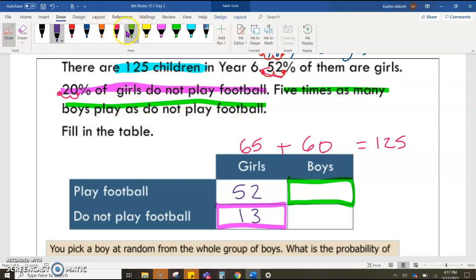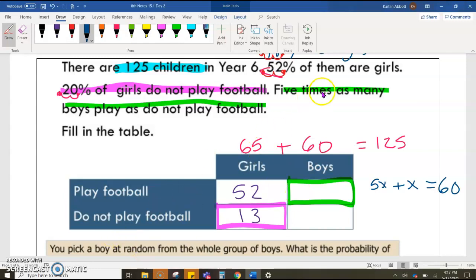So what if I use variables? Because 5 times, so let's say x is do not play football. So we have 5 times x plus x, right? So x is all the kids. 5 times as many of x, so equals, how many boys we got? 60.